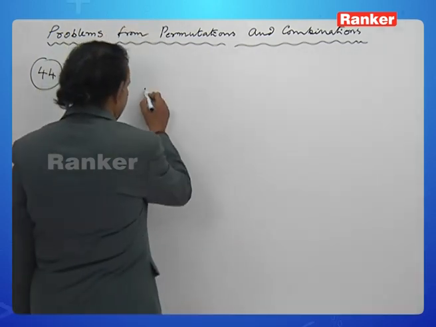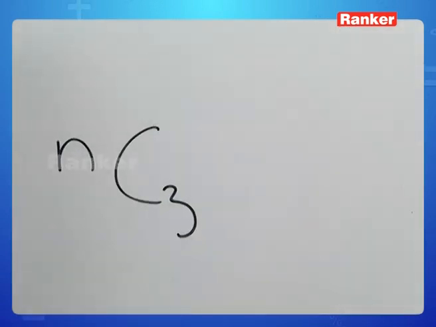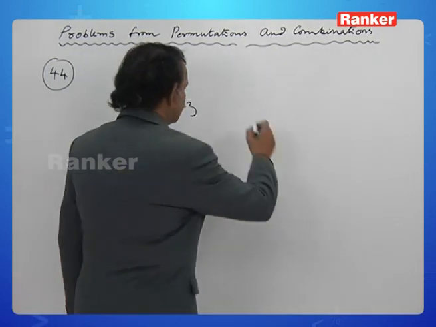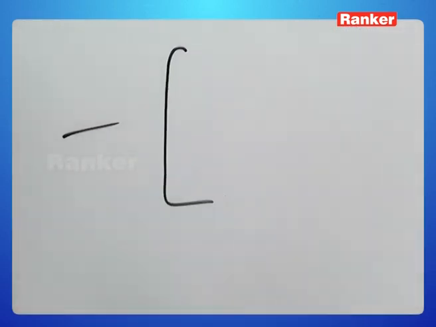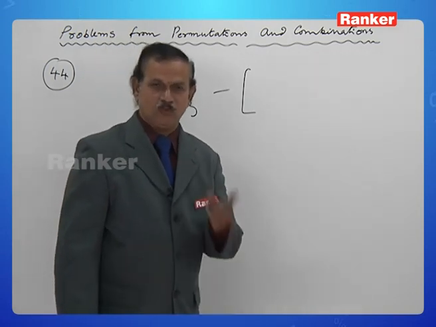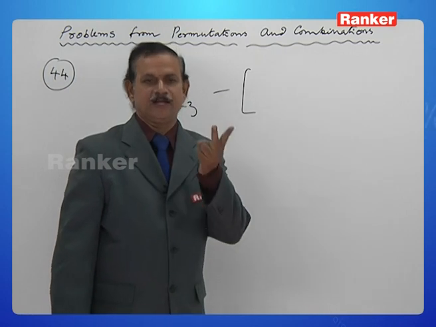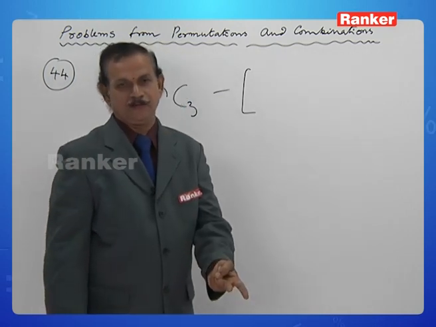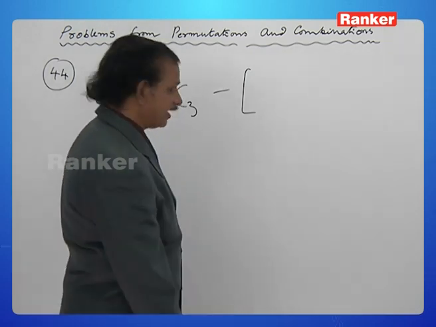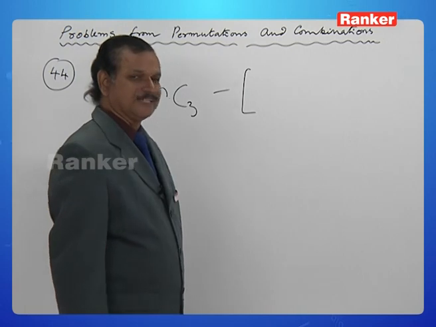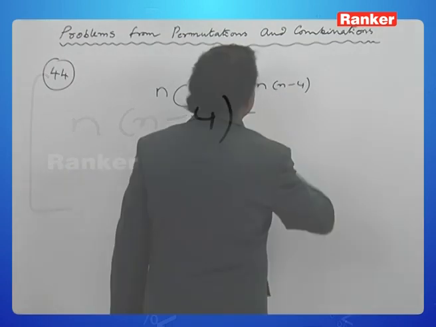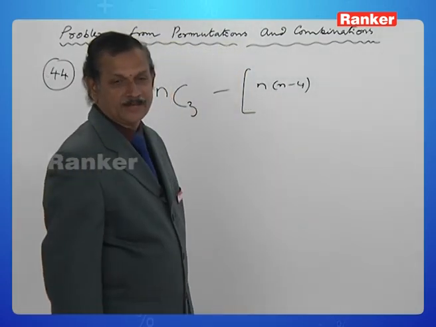What is the total number of triangles? nC3. From this total number of triangles, some things are to be deleted. What are the things to be deleted? Number of triangles with one side in common, and number of triangles with two sides in common. Those two are to be deleted. Number of triangles with one side in common is n into n minus 4.